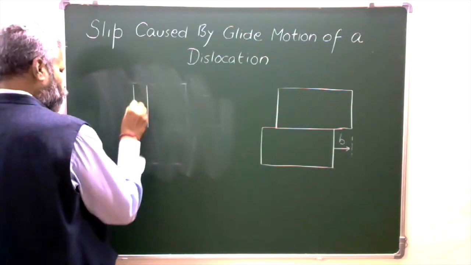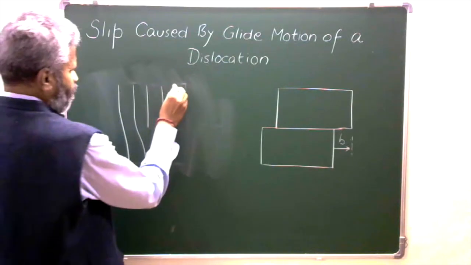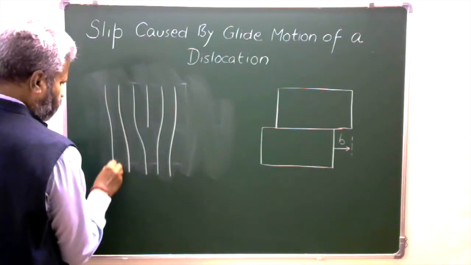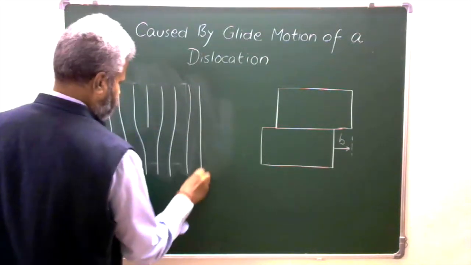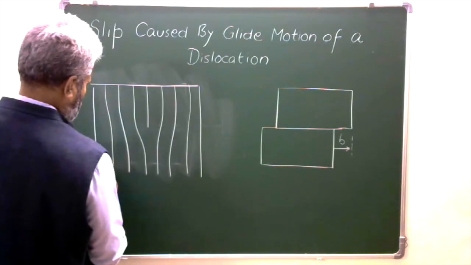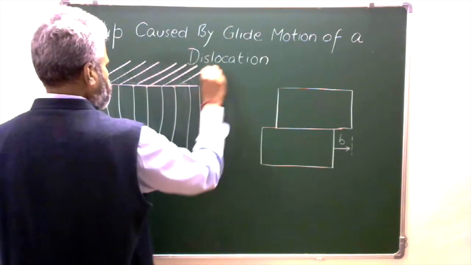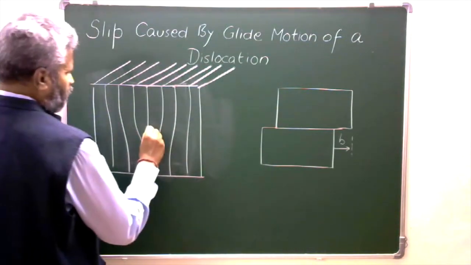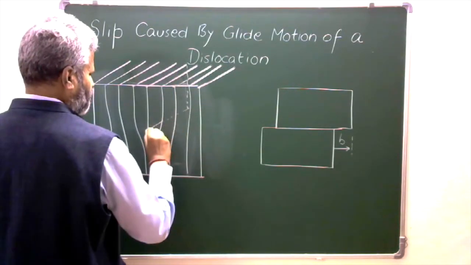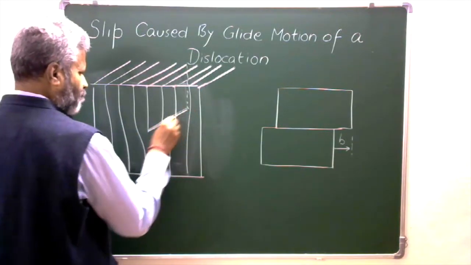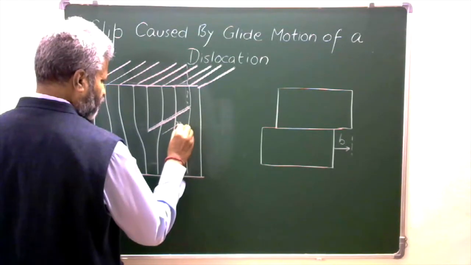So now I'm actually trying to show the half plane. So if this is the half plane, as you know, the bottom edge of the half plane, this is the dislocation line, and along the dislocation line we can take a unit vector parallel to the dislocation line.